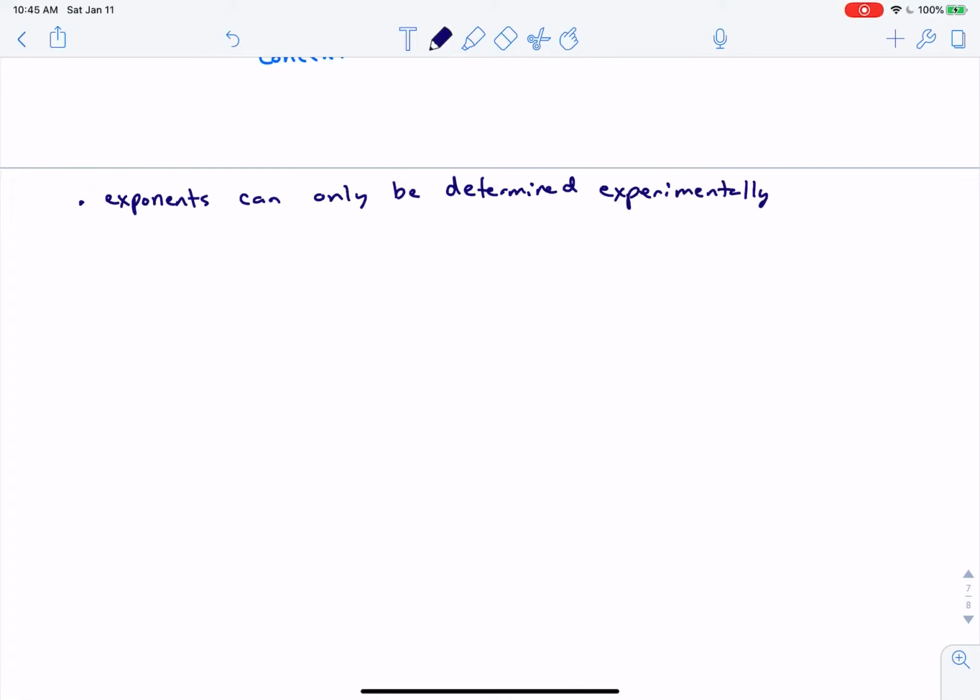Okay. And so what we're talking about here is the idea of a rate law expression. Okay? A rate law expression essentially relates your rate to your rate order and rate law constant.